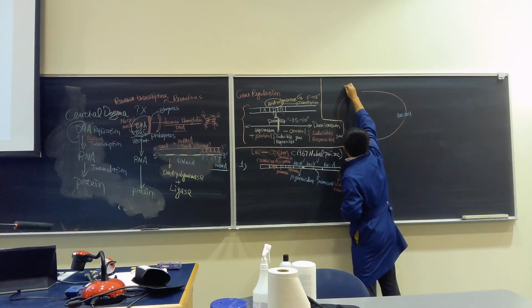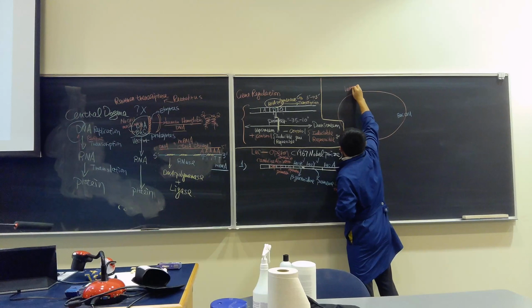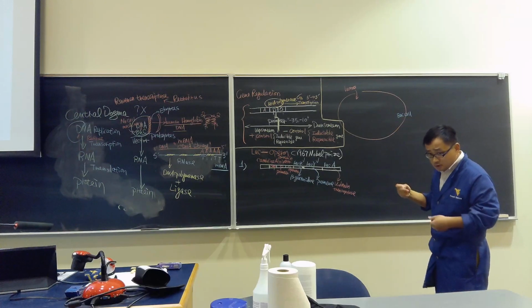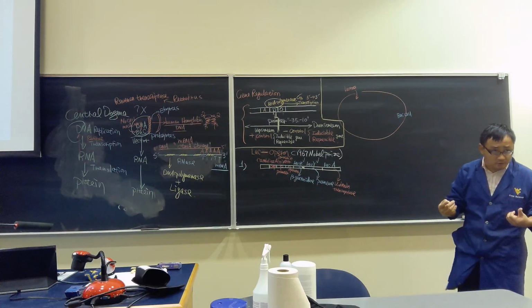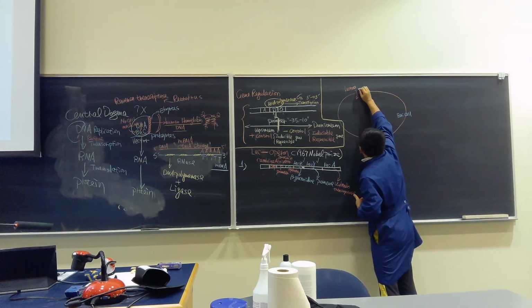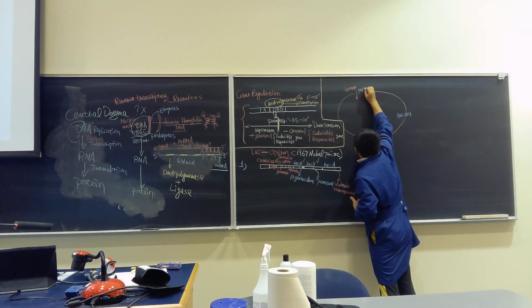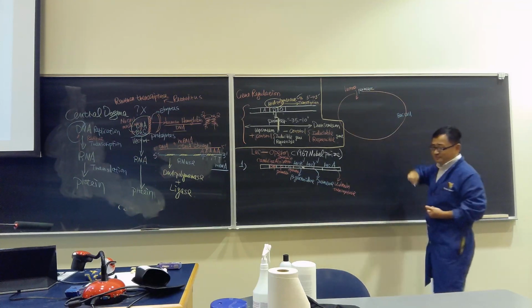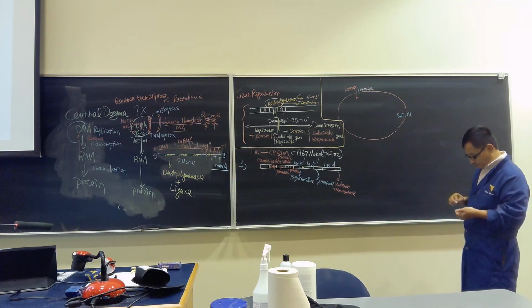Let's say a lactose coming, going inside. Well, when they come in, you either pay the ticket or you let them in, or with some help. So they need a permease. You can understand it like a permit to come in.